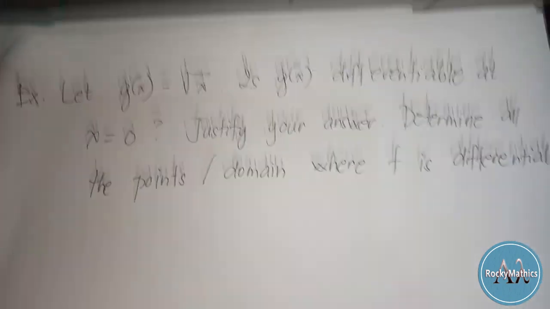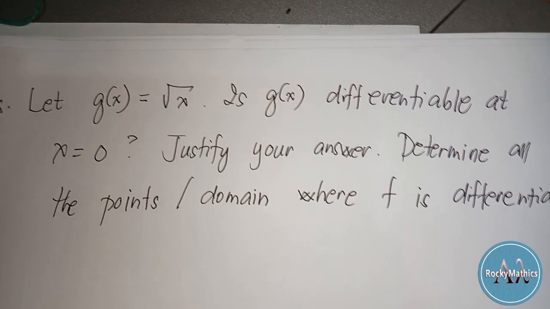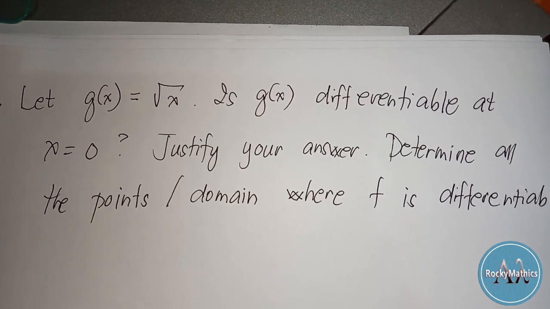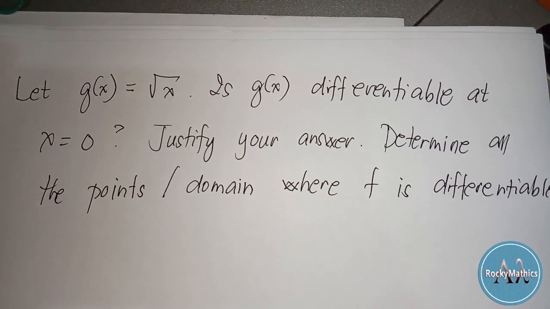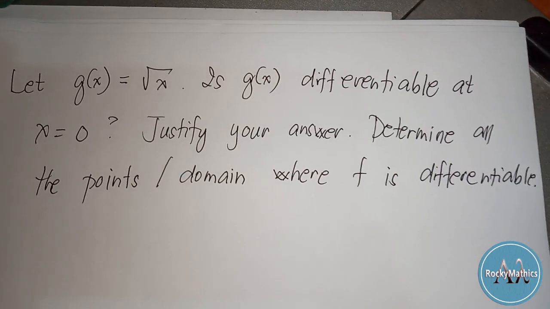Okay, again, let us read the problem. Let g of x is equal to the square root of x. Now, is g of x differentiable at x is equal to 0? Justify your answer. Determine all the points or domain where g is differentiable.